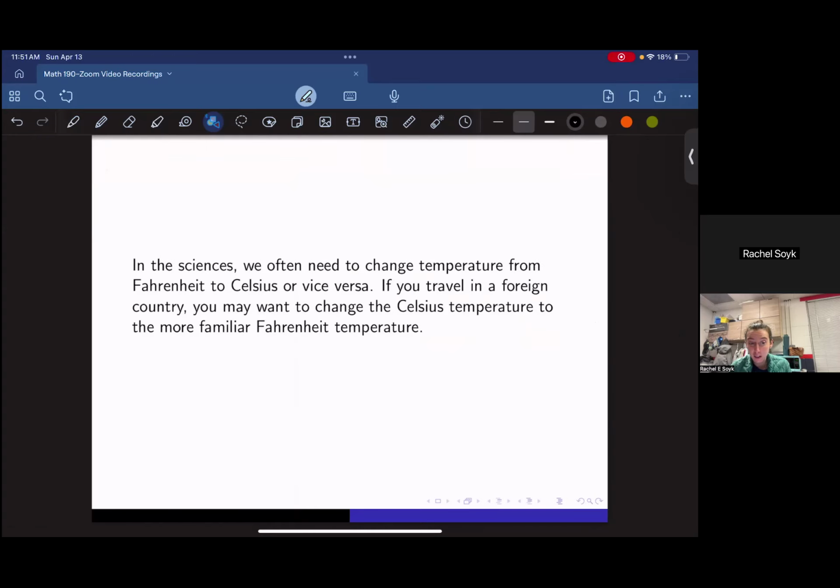So another little comments section. We have in the sciences, we often need to change temperature from Fahrenheit to Celsius or vice versa.